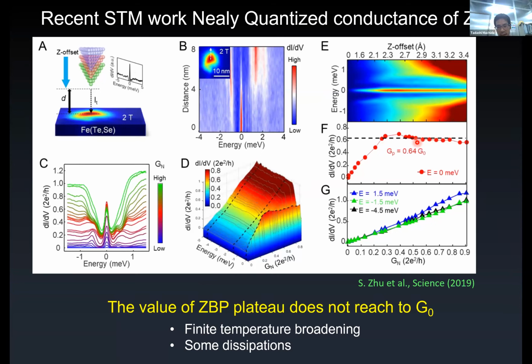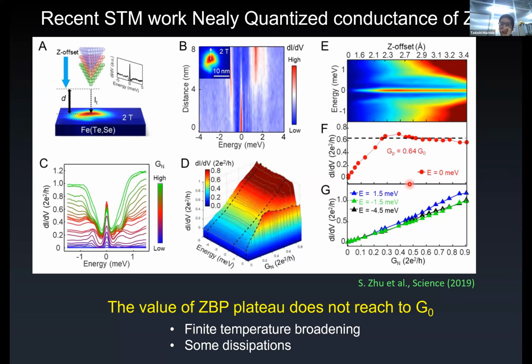Figure 2 in the Science paper, I'm sorry, I don't understand. Figure 2 in the Science paper, but figure 3 in the Science paper has the same as panel F that you show here, but the dashed line is basically at 2e squared by h. Much closer actually than the other. I see.